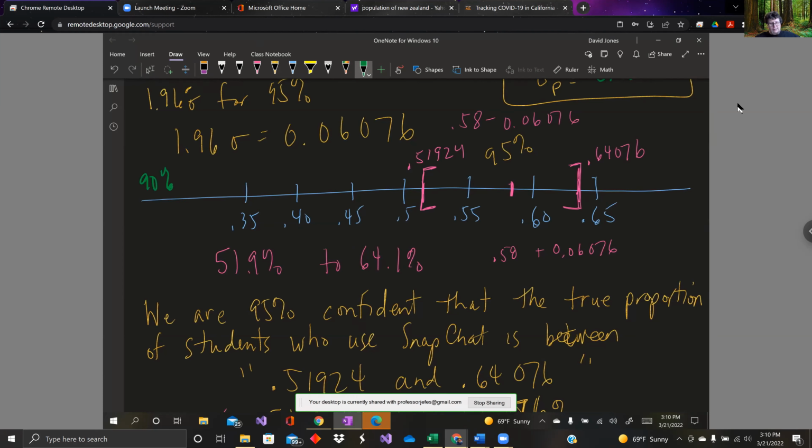I'm getting 0.5287 to 0.6313, which is a narrower window.